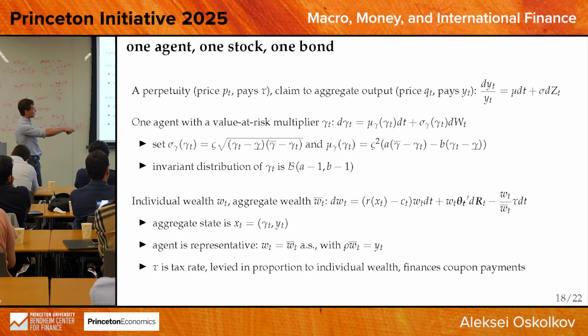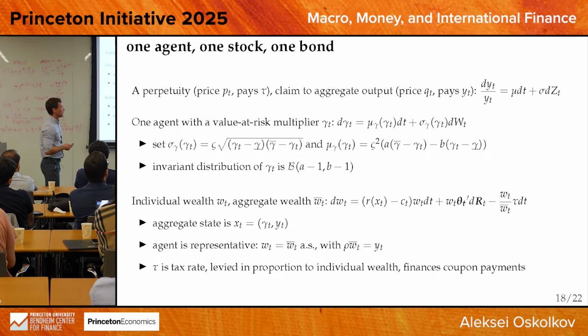So the agent's budget constraint is going to be the same as before, but in this economy, I also want to have a government bond that pays you some coupons. Where does the money come from? We have to tax the agent here. So the bond is a perpetuity that pays a constant coupon. This coupon comes out of the agent's pocket, paid as a constant tax rate on wealth, and then is paid back as coupon.